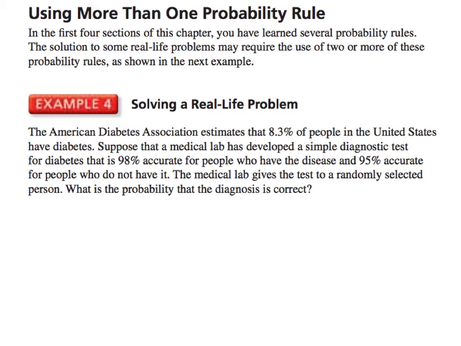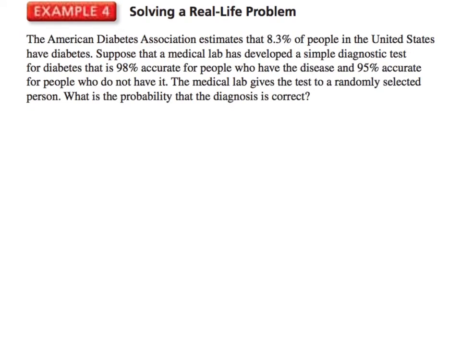Our last example is challenging, using more than one probability rule. In the first 4 sections of this chapter, you have learned several probability rules. The solution to some real-life problems may require the use of 2 or more of these probability rules, as I'm going to show you now. So in example 4, the American Diabetes Association estimates that 8.3% of people in the United States have diabetes.